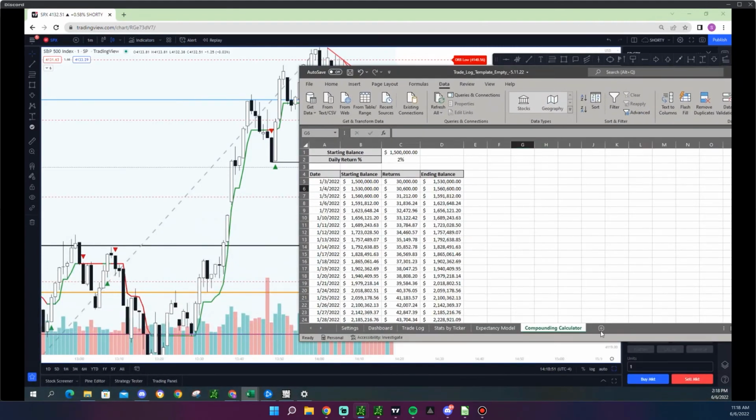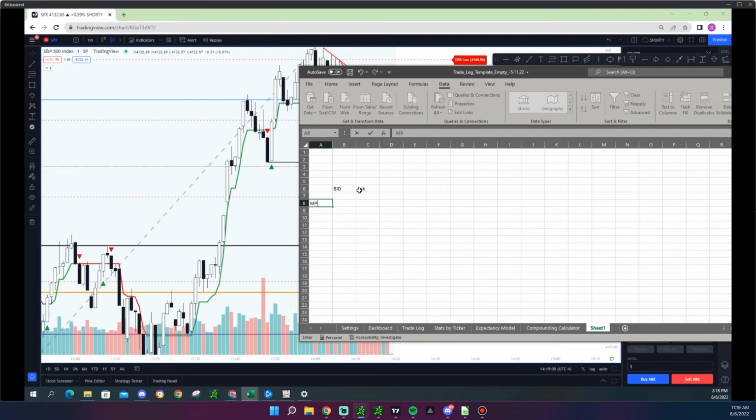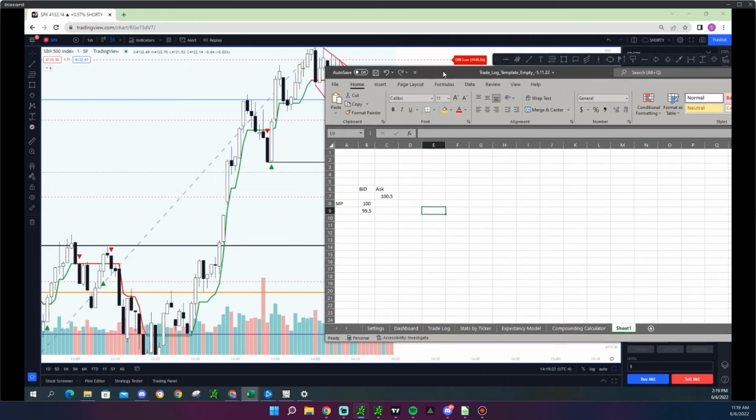So if you have a bid here, and then you have the ask, and the market price is right here. Let's say market price is at 100. The closest bid is 99.5 here, and the ask here is, let's say, 100.5. How do you make this go down? Does anyone understand this? How do you get this price to go down?